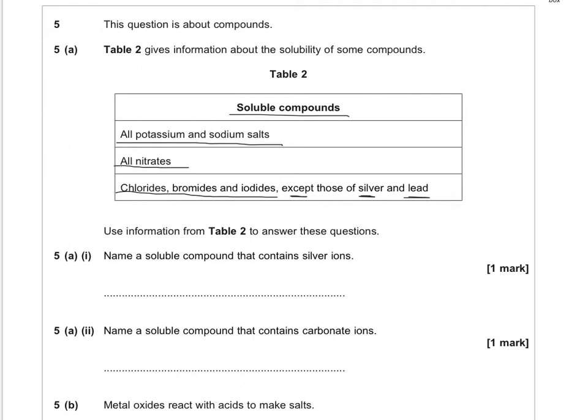Use information from Table 2 to answer these questions. Name a soluble compound that contains silver ions. Okay, so for this one, we can't have a silver chloride or bromide because they're not soluble, but we can have a silver nitrate. So what they want you to write in here is silver nitrate.